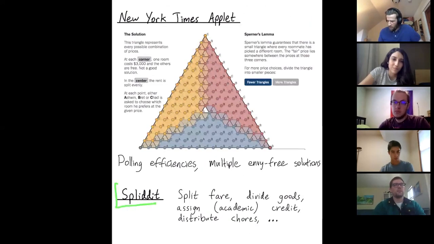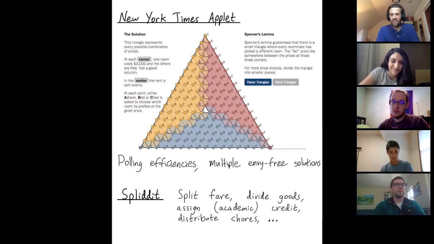There's a whole webpage you can check out. It's called Splitit. And they have algorithms for splitting fares, like for cross-country bus trips, and for dividing goods. So maybe in a will, watches and jewelry and cars are passed down. How do you divide those goods? You could try to assign academic credit.